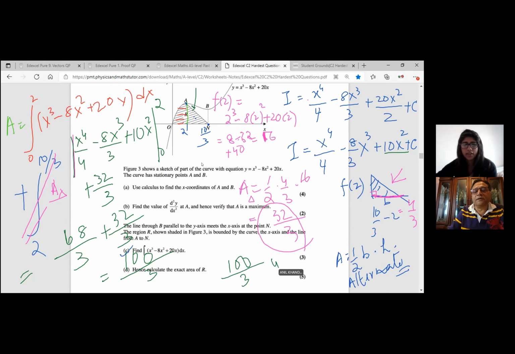Just a quick thing. On these scientific calculators, you know the integral button, like the F1, when you press that and you put 2 and 0, do you put the equation as x cubed minus 8x squared plus 20x, or the equation of x to the power of 4 over 4?